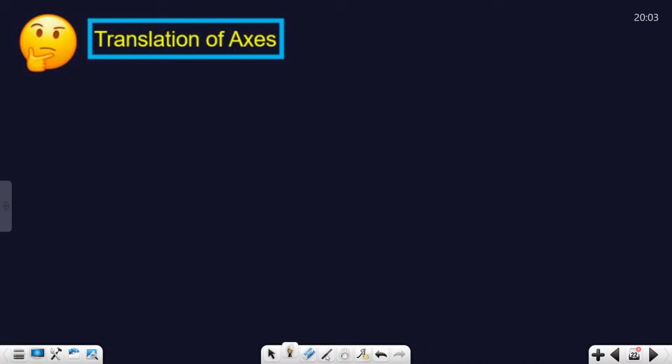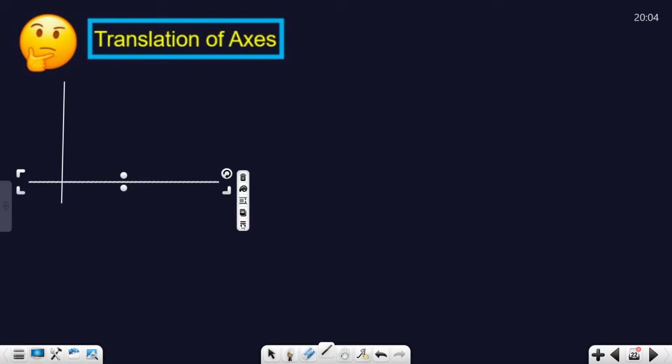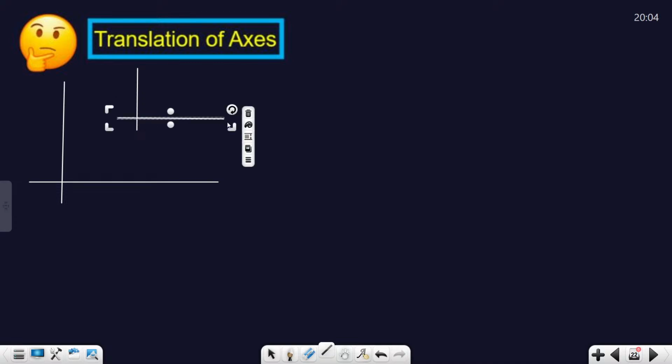What is translation of axis? Simple thing. Suppose we are having this, our rectangular system. Now what I'm doing is, I'm simply shifting the origin to some other place.